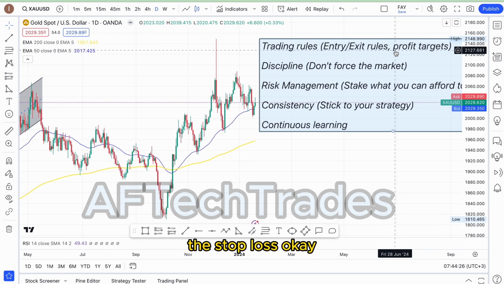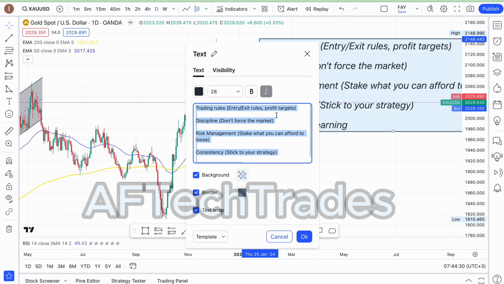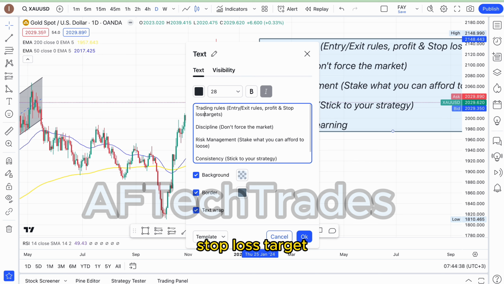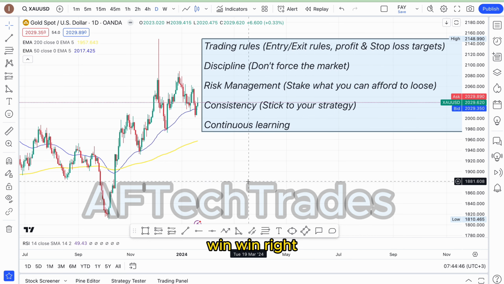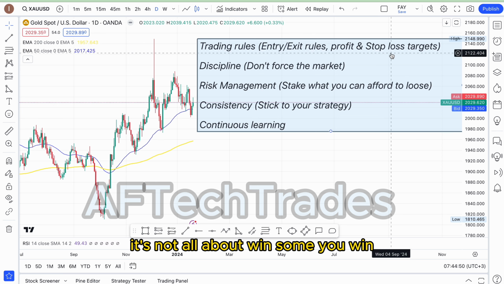Let me include this here: profit and stop loss target. If trading were all about winning, there wouldn't be anything we call stop loss. No, it's not all about winning.